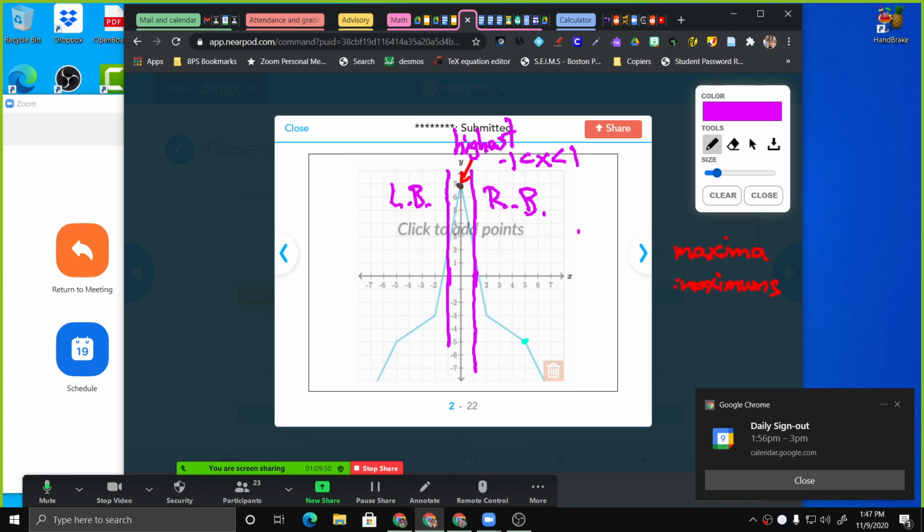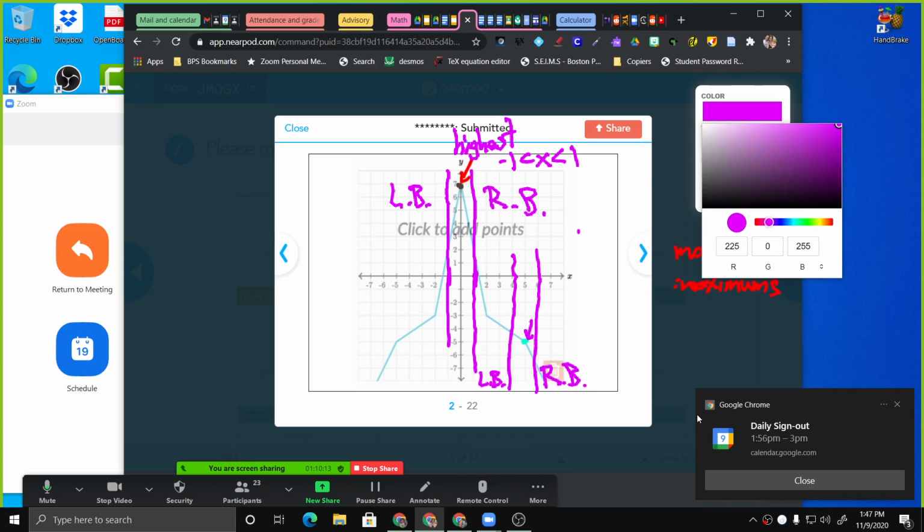Now, what if we considered this point over here? There is an interval that contains that point, right? With our left bound and our right bound. But in that interval, this point is not the highest point. What is the highest point? Well, isn't it this point right here?